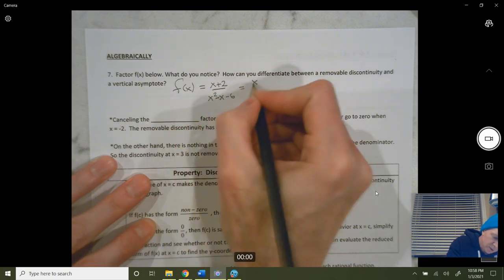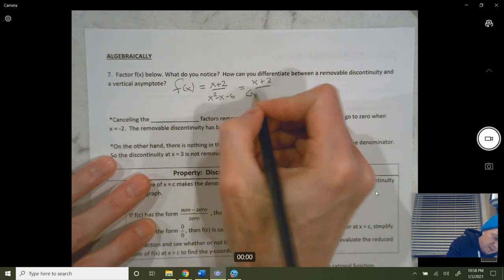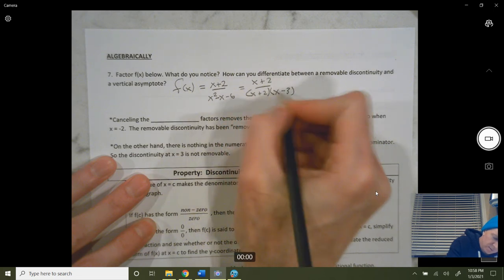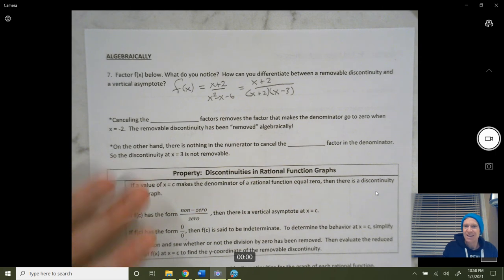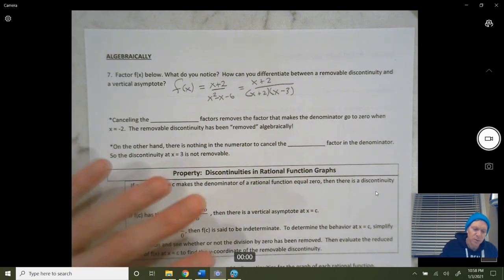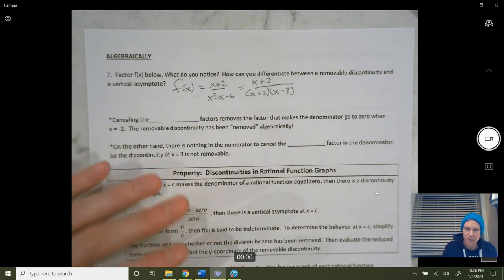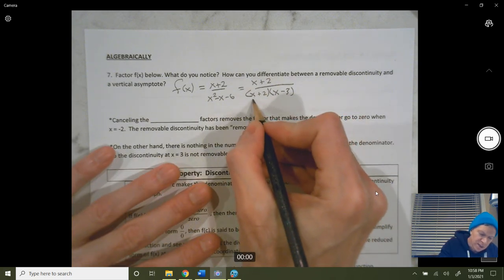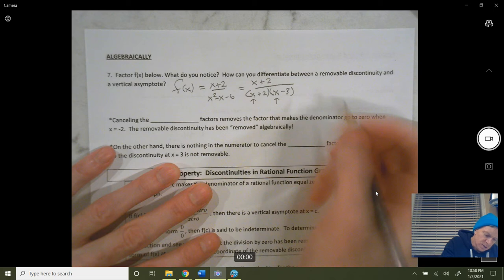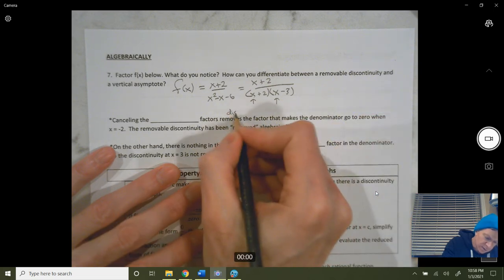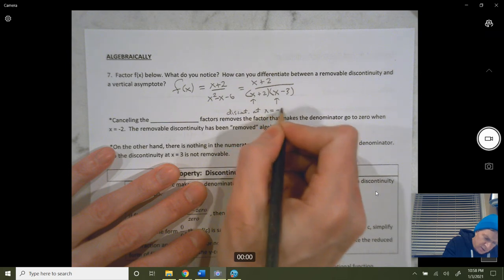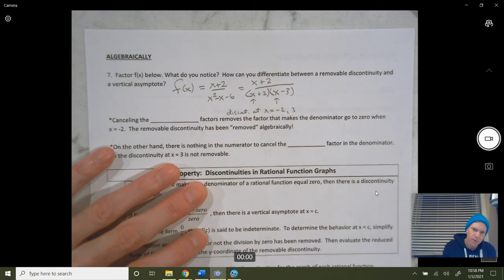That factors into x plus 2 over (x plus 2)(x minus 3). Okay, that's our graph. And here's where you can see more clearly where our discontinuities are going to be. Discontinuities are any values of x that cause your denominator to be 0. So there will be discontinuities at x equals -2 and x equals 3. Okay.